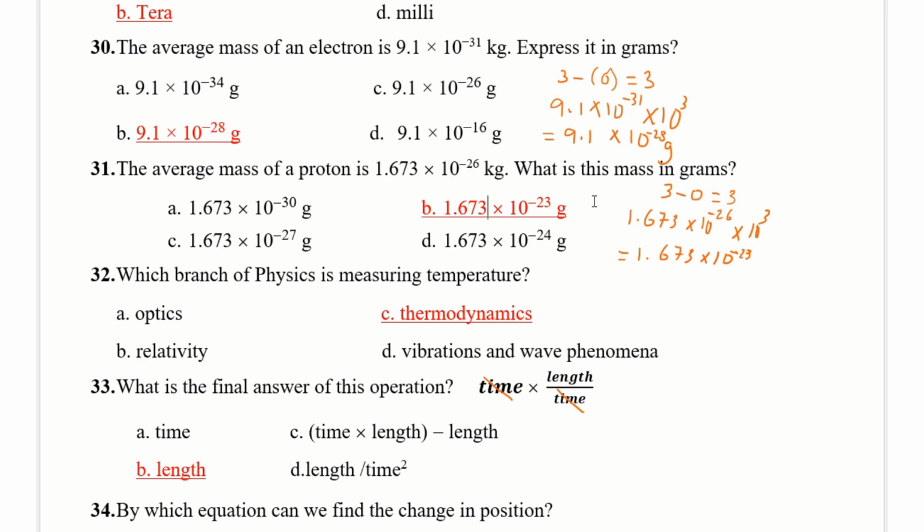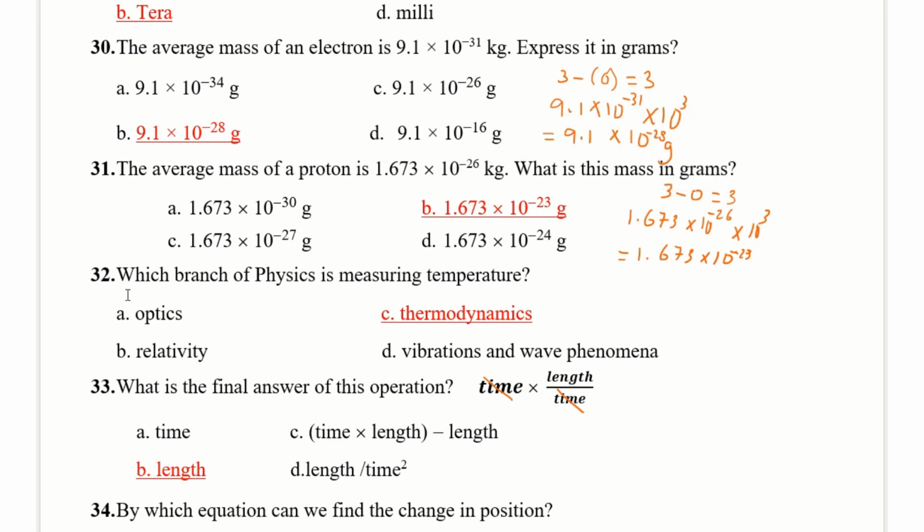So you're going to write the whole number, 1.673 times 10 to the power of negative 26 times 10 to the power of 3. So negative 26 plus 3 will become negative 23. You can add both exponents with the calculator. You will find negative 23. So it is B. Okay. And the answer should be in gram, of course, because we need it in gram.